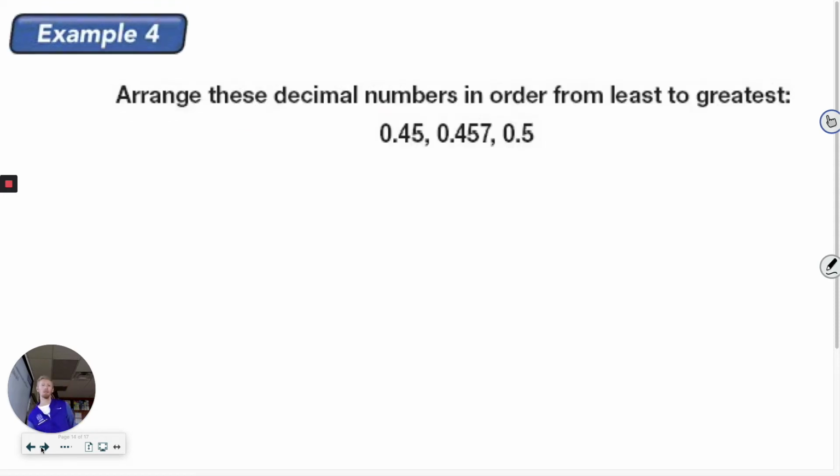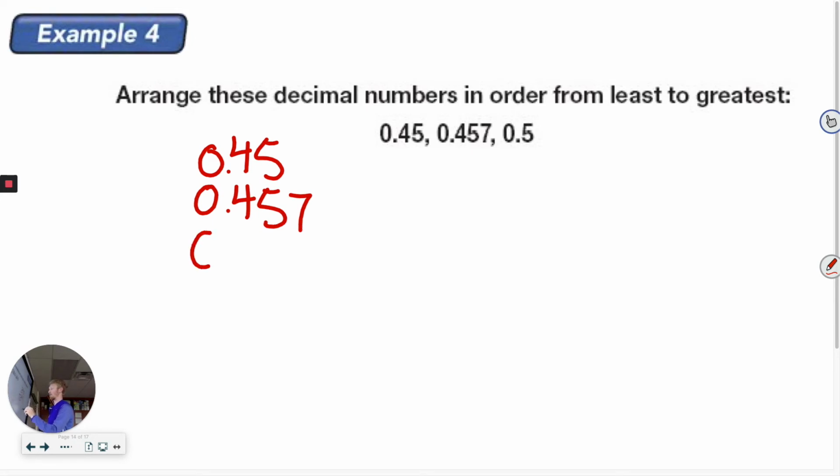All right, arrange these decimal numbers in order from least to greatest. So I'm going to line up the decimals as if I'm adding or subtracting. 0.45, 0.457, 0.5. Now, if you want, you can add zeros as placeholders here, because it doesn't change the value at all. And then I start on the left. Okay, let's see. 0, 0, 0, all equal. You got to go to the next one. 4, 4, 5.